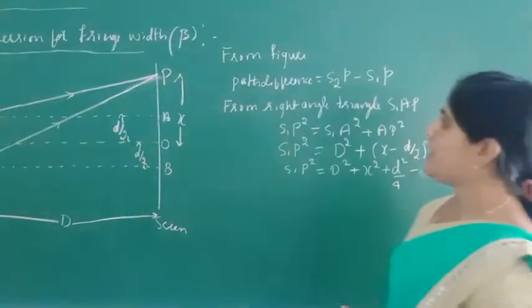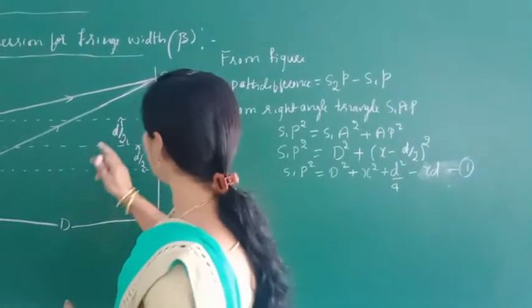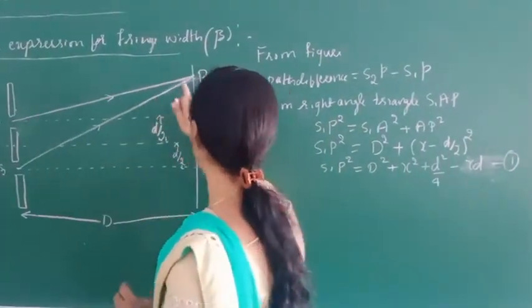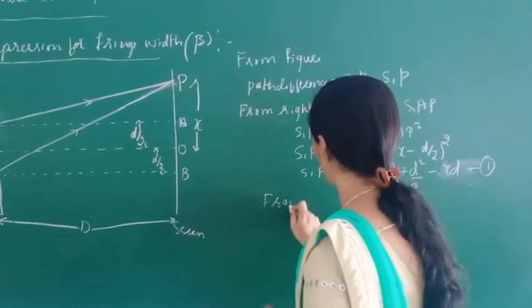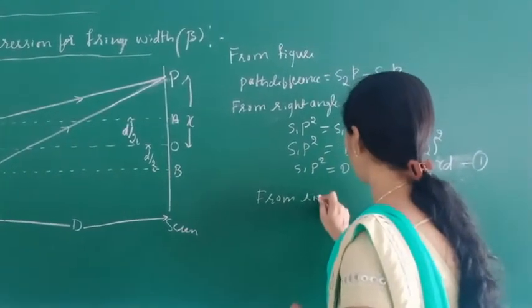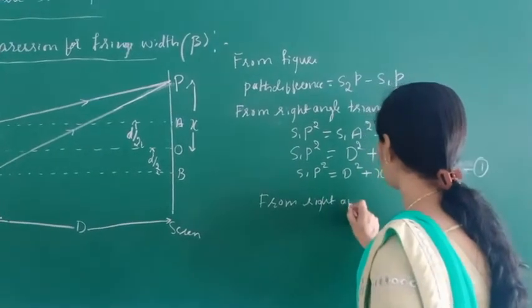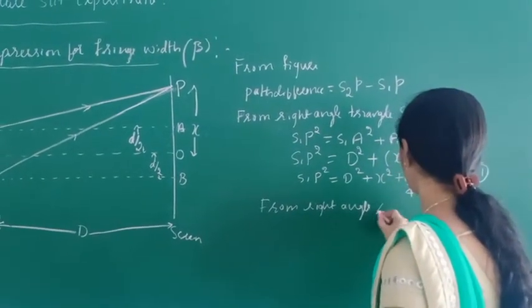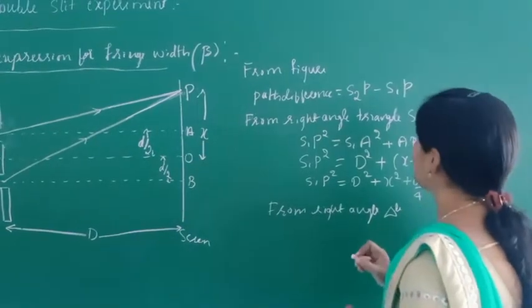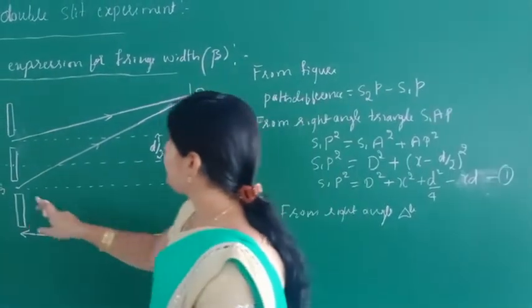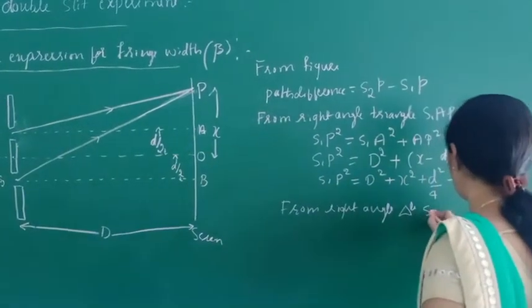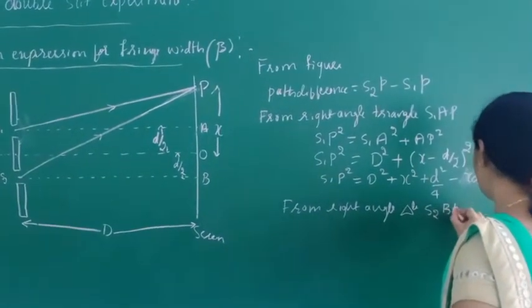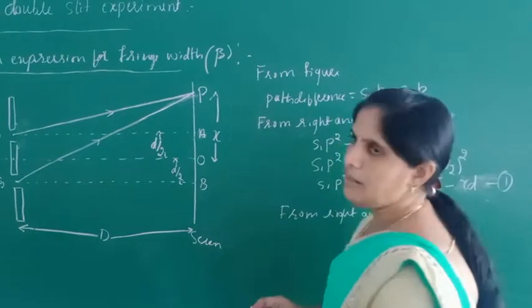Again, from another right angle triangle, what is that? S2BP. From the right angle triangle S2BP, again we apply the Pythagoras theorem.